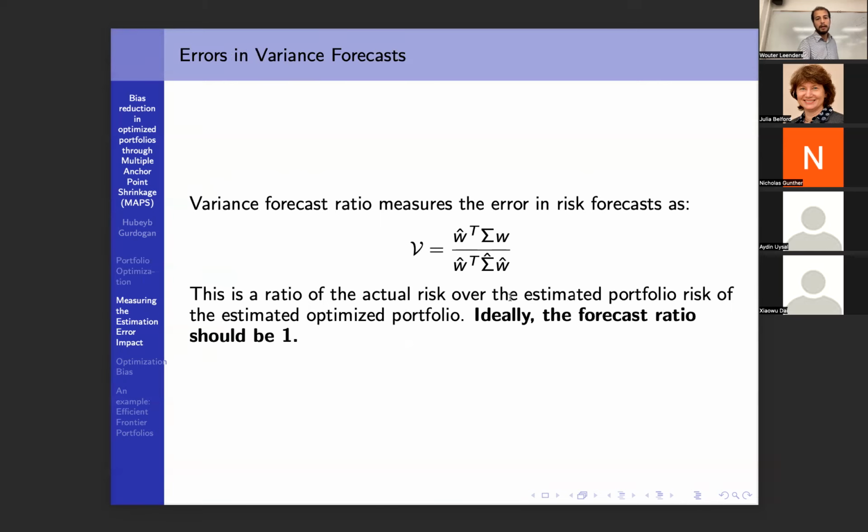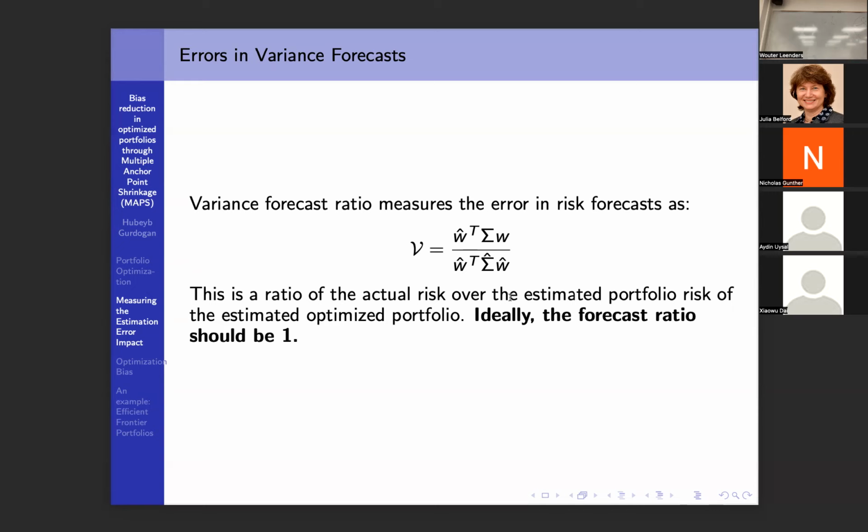Okay, all right, let's get started with how we measure the errors of the portfolios. One measure we use is the variance forecast ratio. That is basically the ratio of the true variance of your portfolio, the top of the fraction, and the estimated variance of the portfolio, the bottom of the fraction.